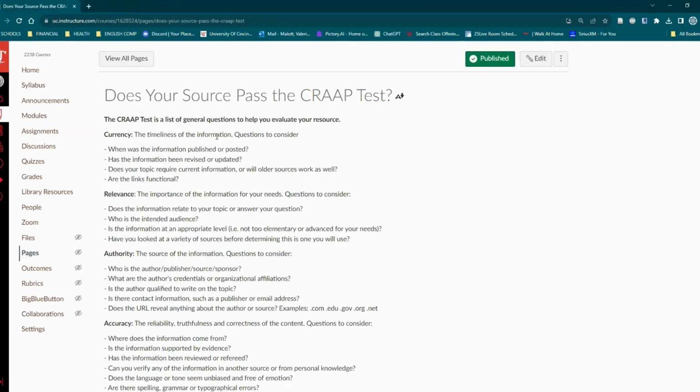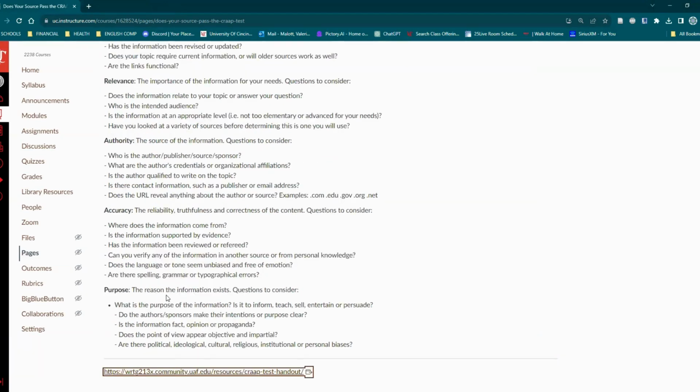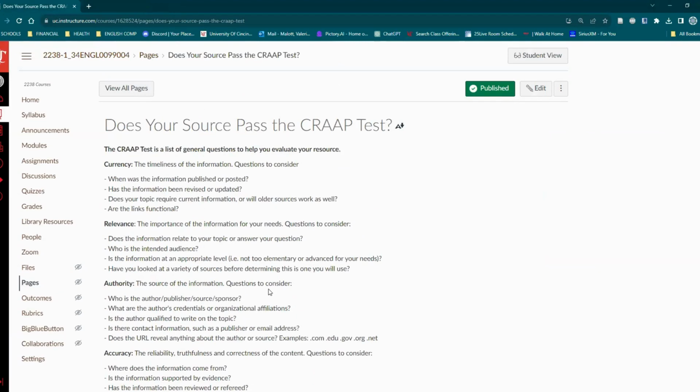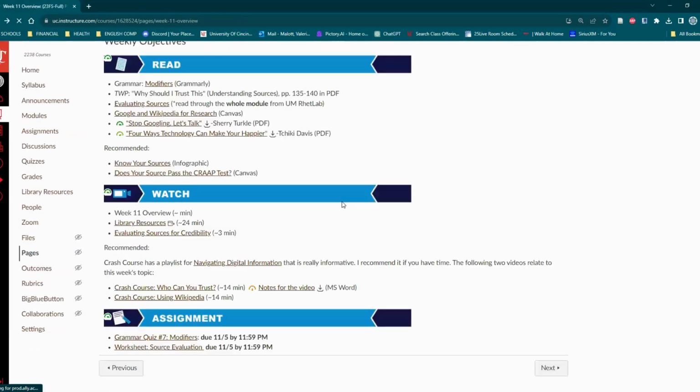And so it just is a list of questions relating to each of the criteria for the CRAAP test, questions to think about when you are confronting a source to make sure it is the most reliable. So put it through and ask these questions as you start looking at sources, and this will help you to evaluate the source for its suitability.